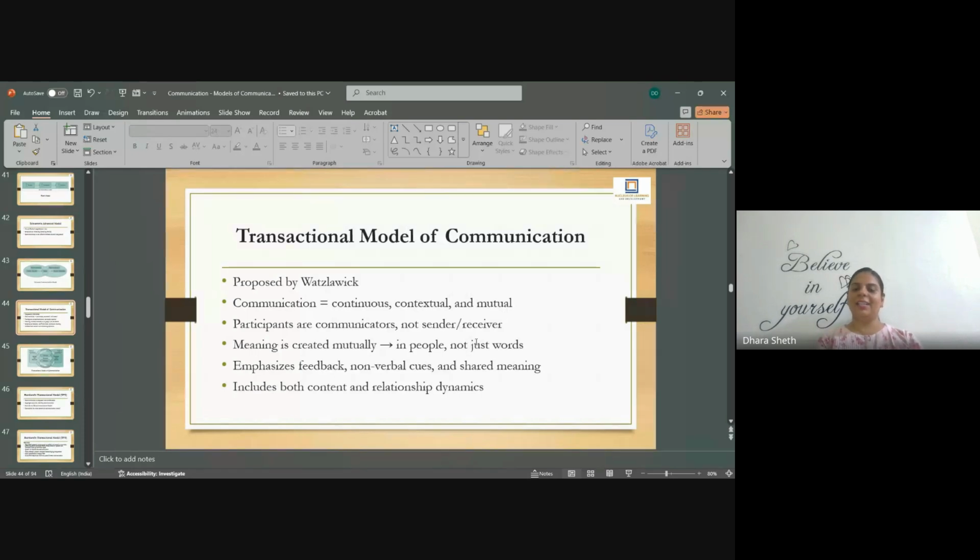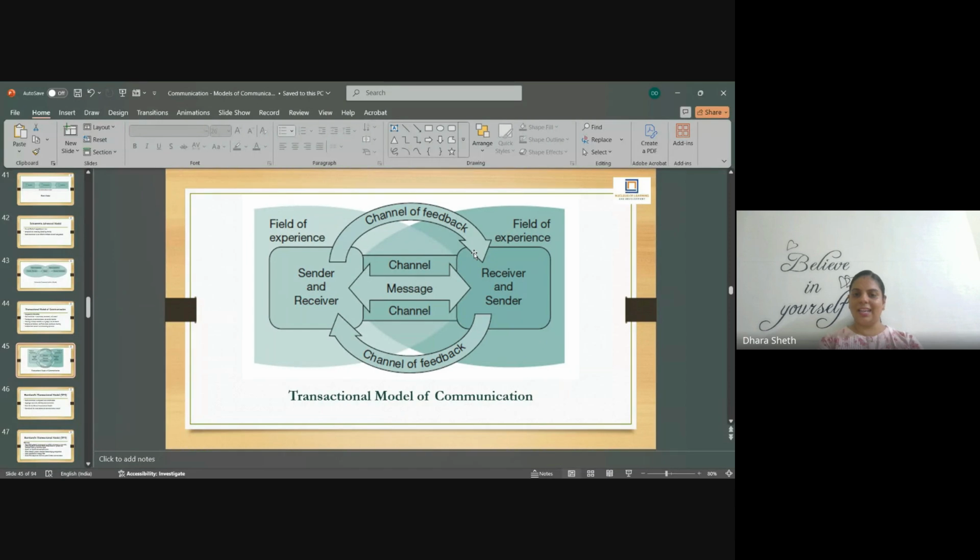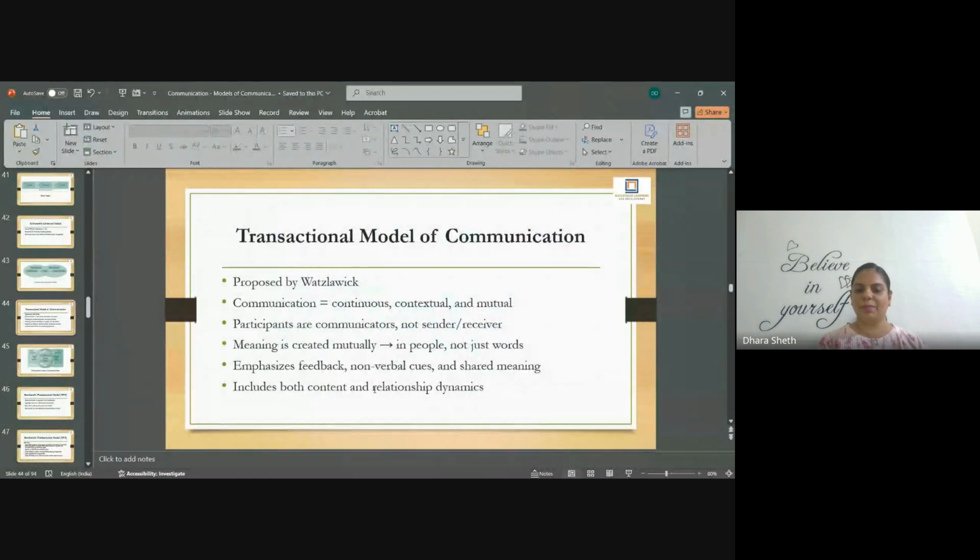The meaning is created mutually, together, in people, not just words. It emphasizes feedback, non-verbal cues, and shared meaning. Includes both content and relationship dynamics, because this is the content dynamic and this field of experience talks about the relationship dynamics.